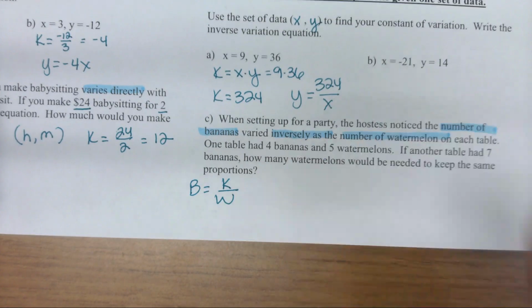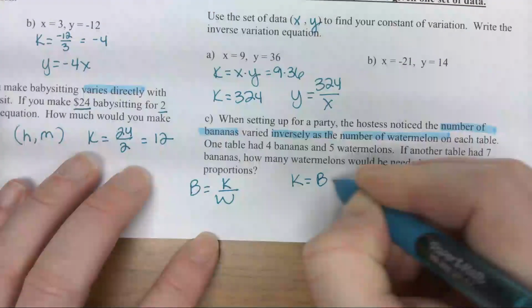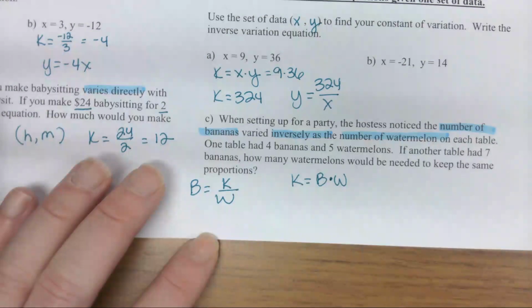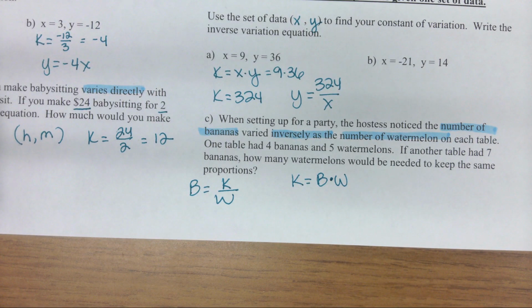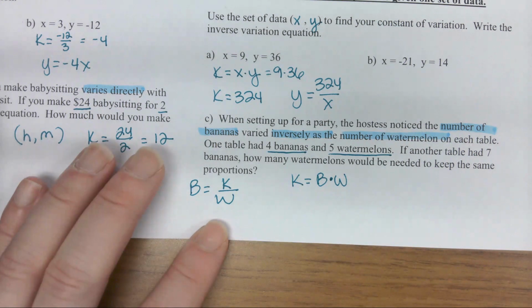Okay. In other words, how are we going to find k? We're going to find k by taking the number of bananas times the number of watermelons. Using this sentence, a table has 4 bananas and 5 watermelons. What is k in that situation then?